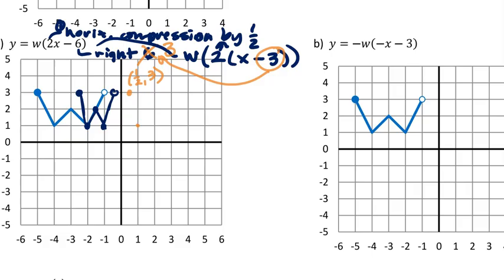That one's right on a grid line, so I'm not going to label it. If I pick up, what was this, negative 1.5, 2, it will end up at positive 1.5, 2. I'll label that one, so that's 3/2, 2.